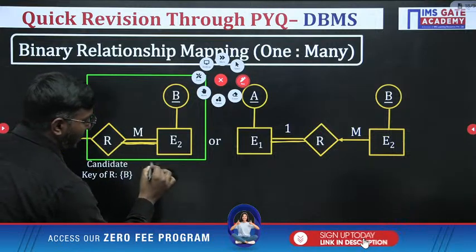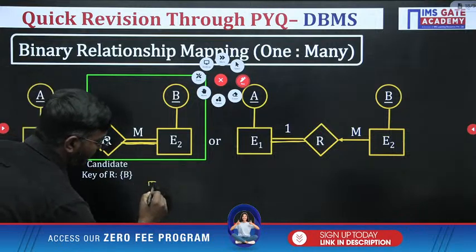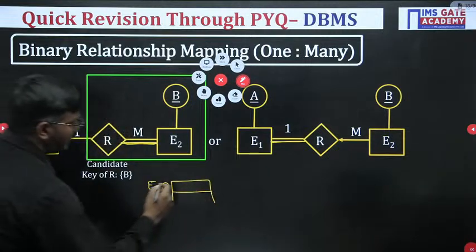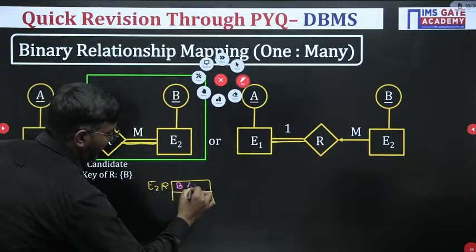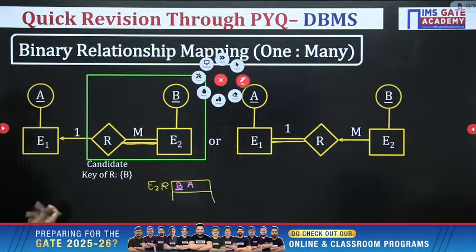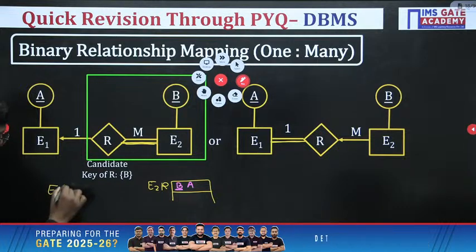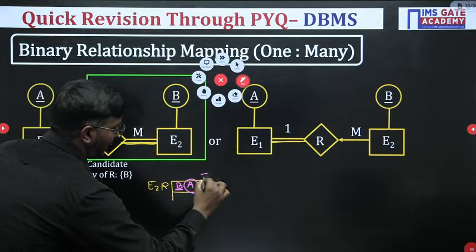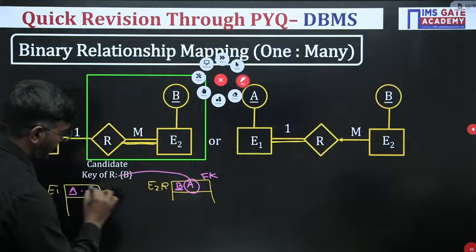Here we'll be having E2R with attributes B and A, and B will be the key attribute. Similarly, entity set E1 has the attribute A as key attribute. Now this A will behave like a foreign key. It will refer to this A.